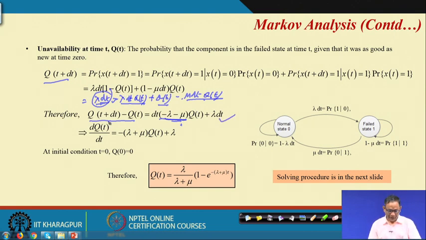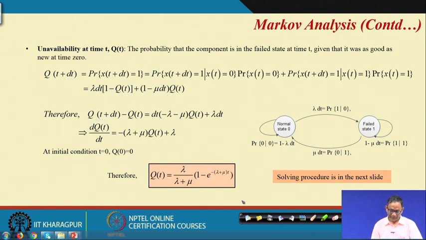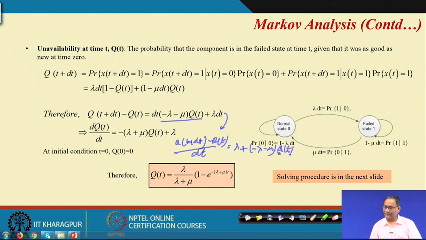Okay. So now this minus this, if you divide this one by dt, you will get this equation. What is in between? This can be written as (q(t + Δt) minus q(t)) by dt equal to this much: lambda minus (lambda plus mu) q(t).